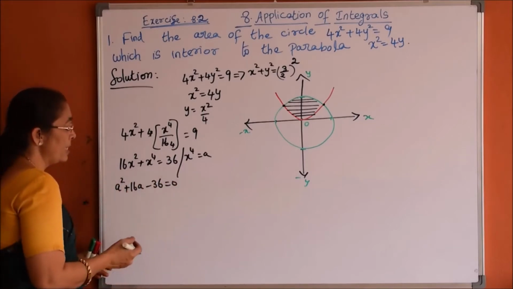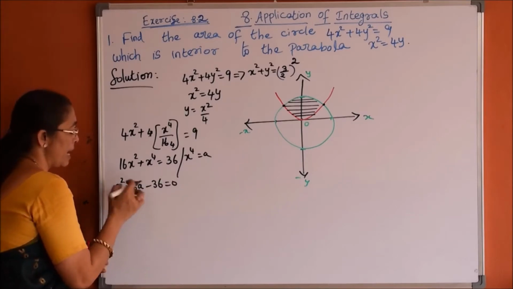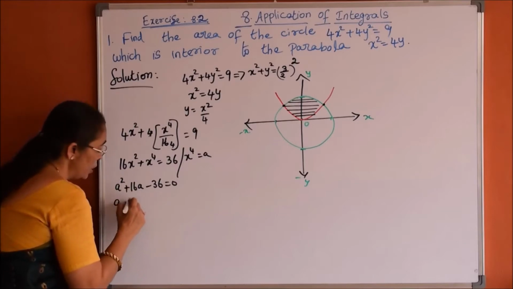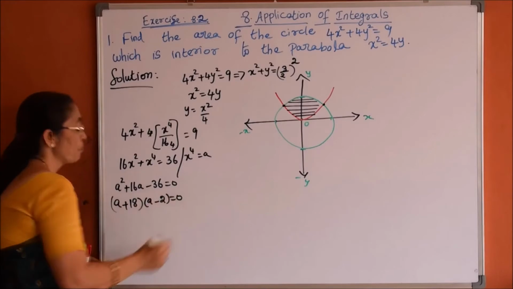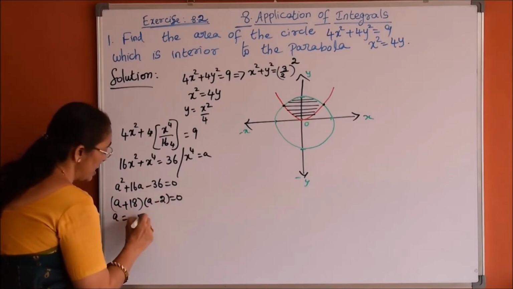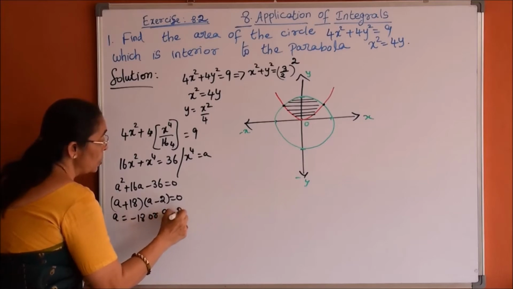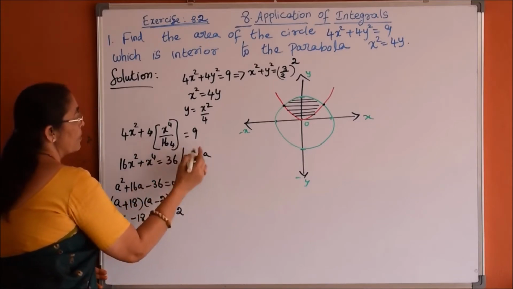Let me factorize. The factors are 18 and 2. 18 into minus 2 is minus 36 and 18a minus 2a is 16a. So, a plus 18 into a minus 2 is equal to 0. A is equals to minus 18 or a is equals to 2. Sorry, here it is not x power 4 that is a, x square is a.